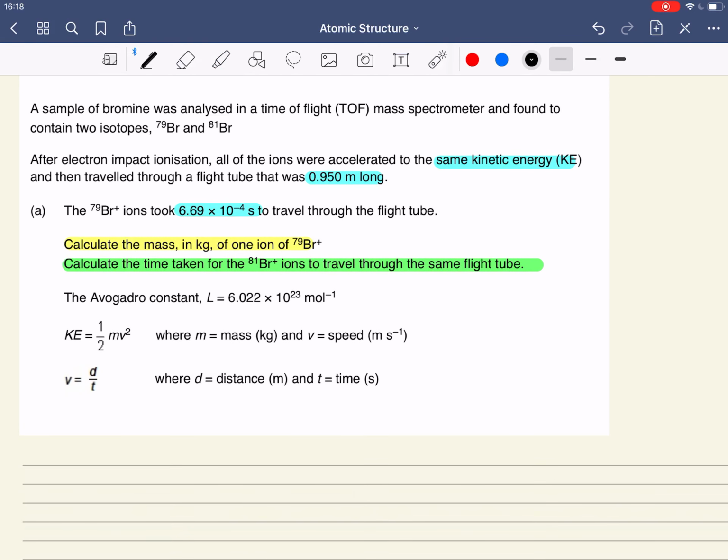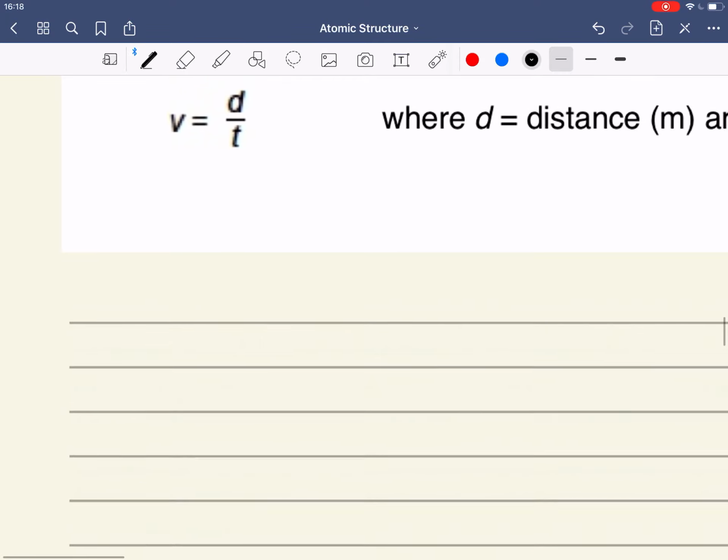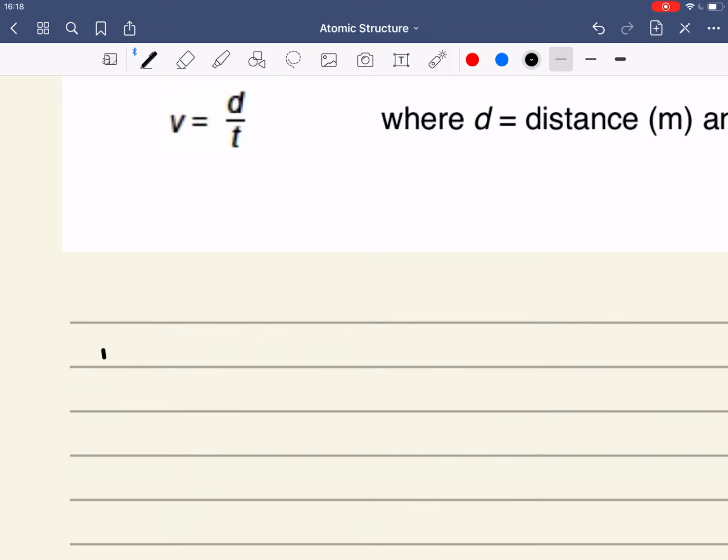First thing we're going to do is what's highlighted in yellow. We're going to work out the mass in kilograms of one Br-79+ ion. Now this 79, remember, is the mass in grams of 1 mole of Br-79+ ions. We need to work out the mass of one individual ion in kilograms, and we do it like this.